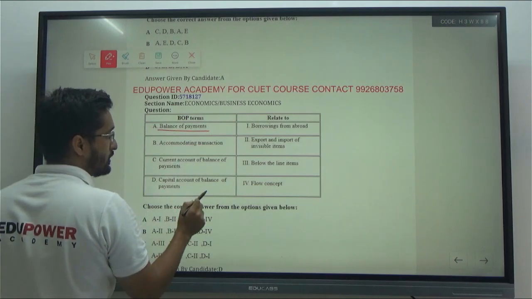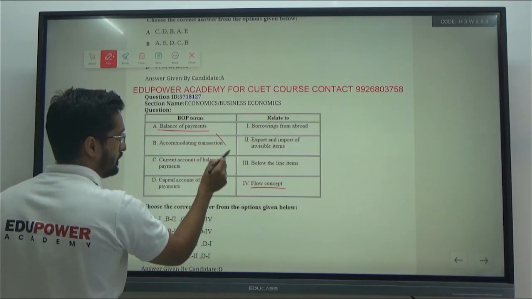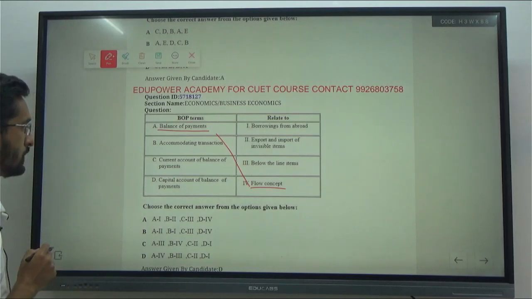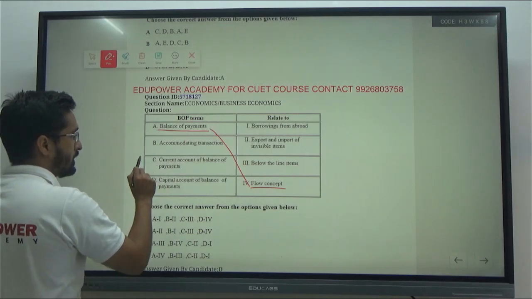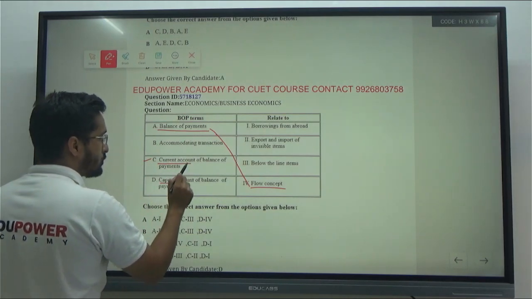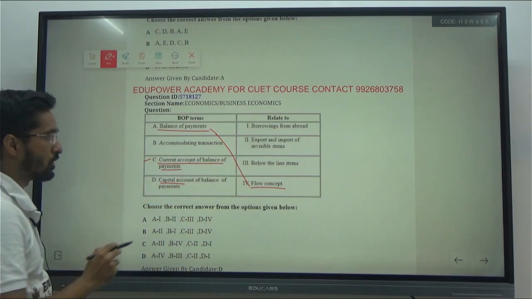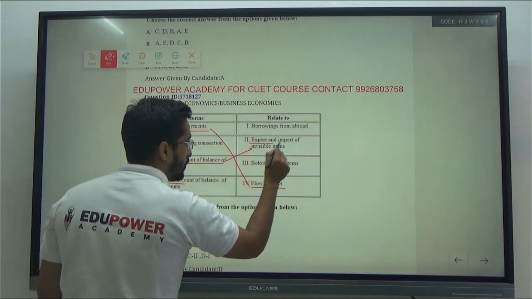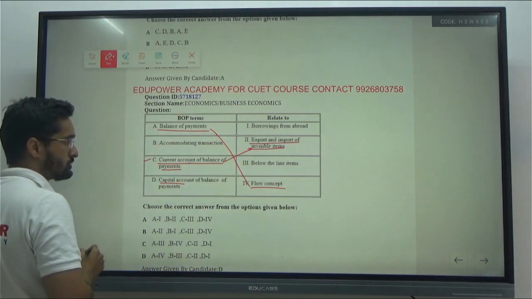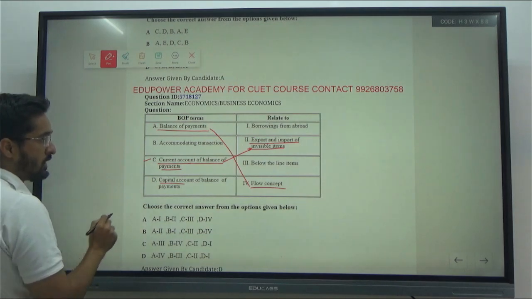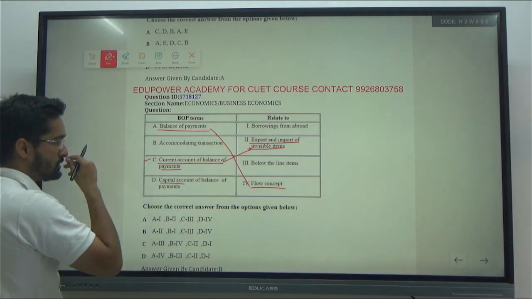So, we know that balance of payment is a flow concept. A should be 4. Now, we have two accounts, current account and capital account. What does the current account talk about? It talks about the export and import of the invisible items, C2.